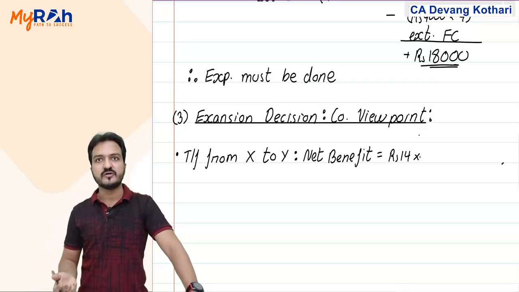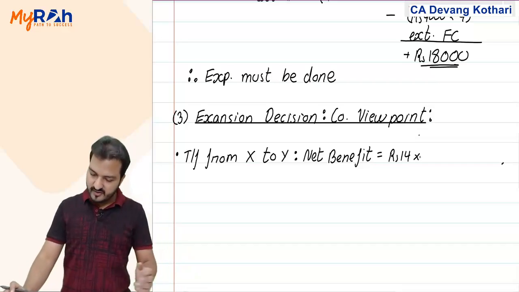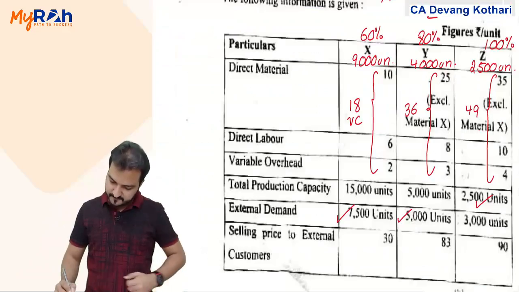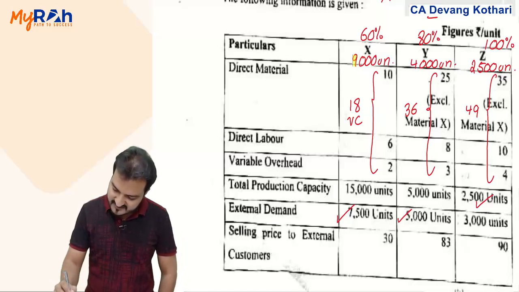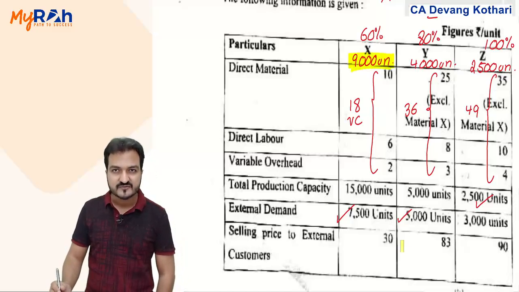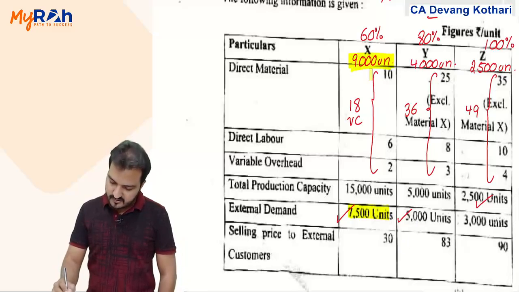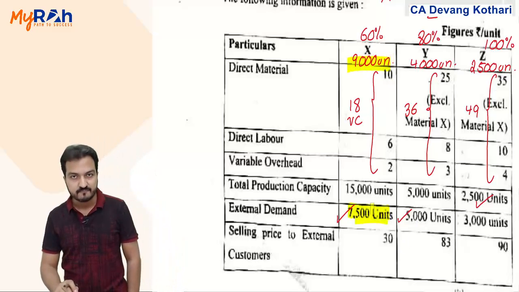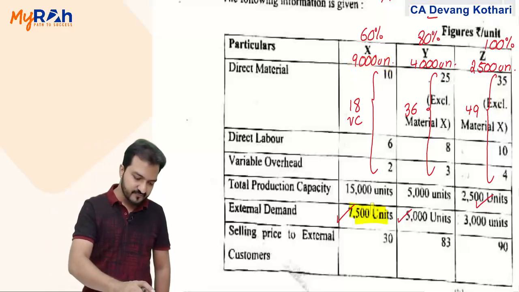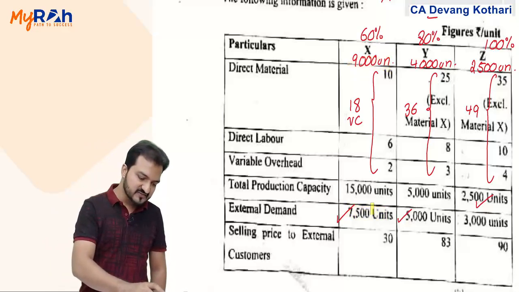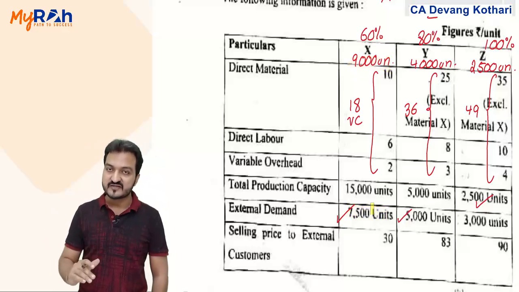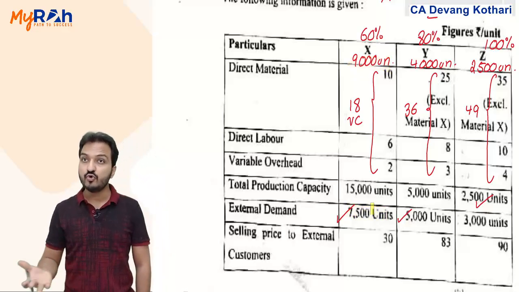On how many units? Well, X is presently producing 9,000 units, from which 7,500 is already going for external sale. And balance 9,000 minus 7,500, balance 1,500 X is presently transferring.